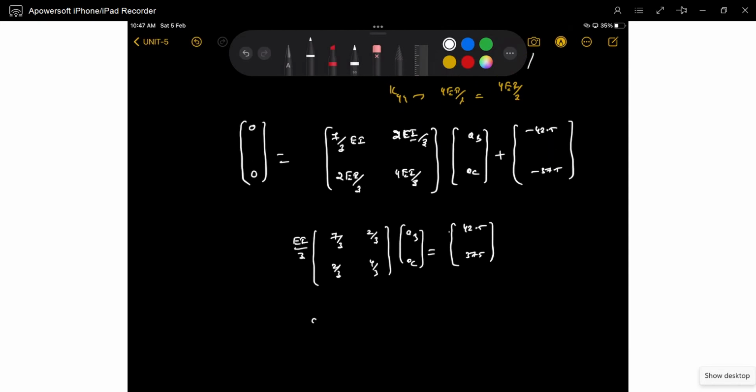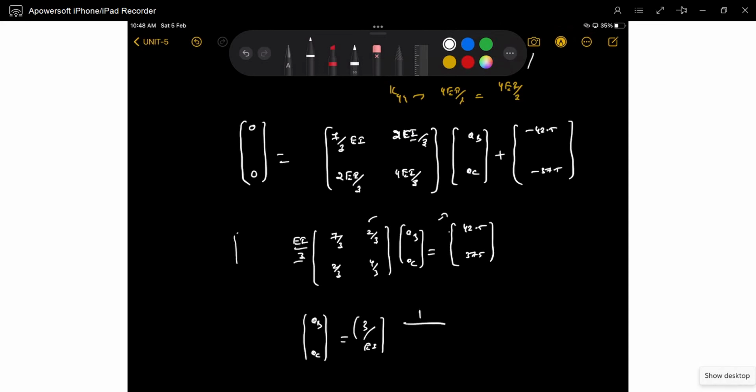You can write it in matrix form, otherwise you can write it in equation form. You can directly find out. Otherwise you have to write down the matrix form. You can apply the inverse of this matrix. You can directly write it like this. 3 by EI, this is a constant scalar quantity, and you have to apply the inverse.